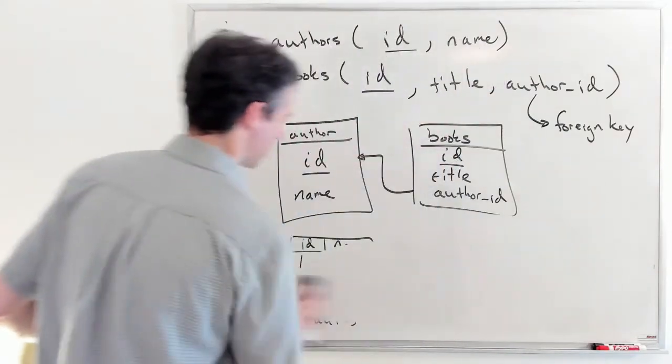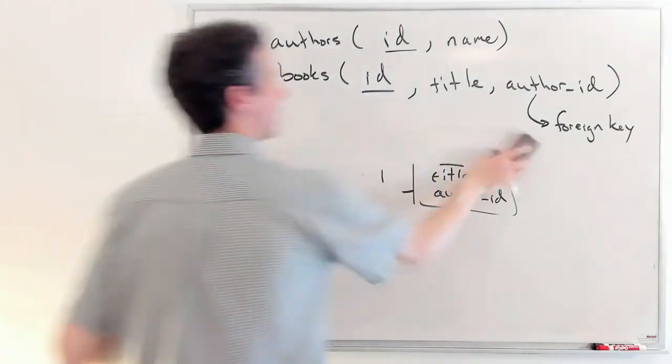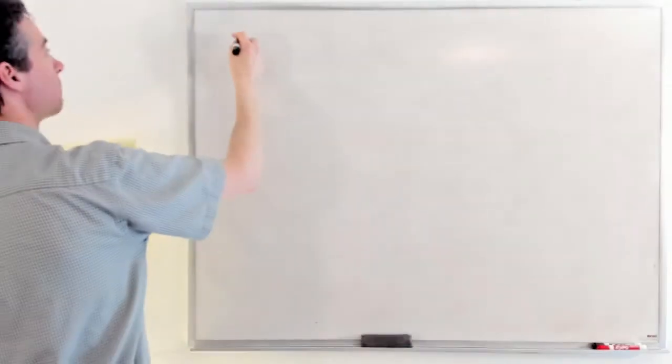The book does talk about already, it introduces the idea of a foreign key constraint. And so let's put it this way.